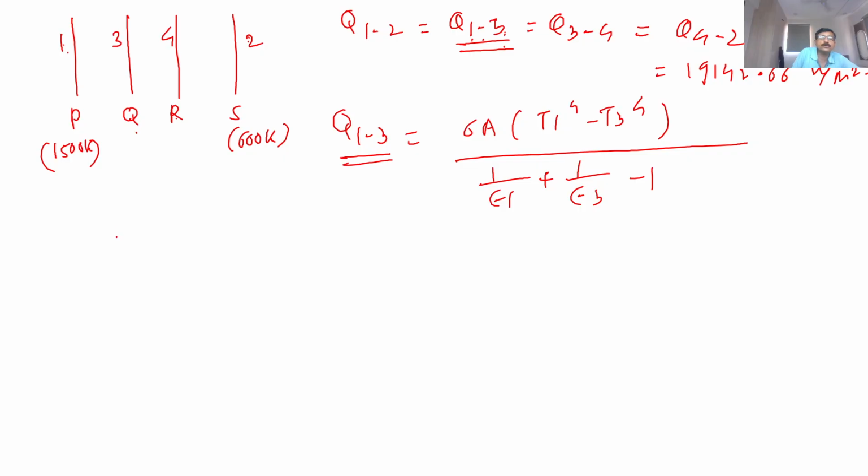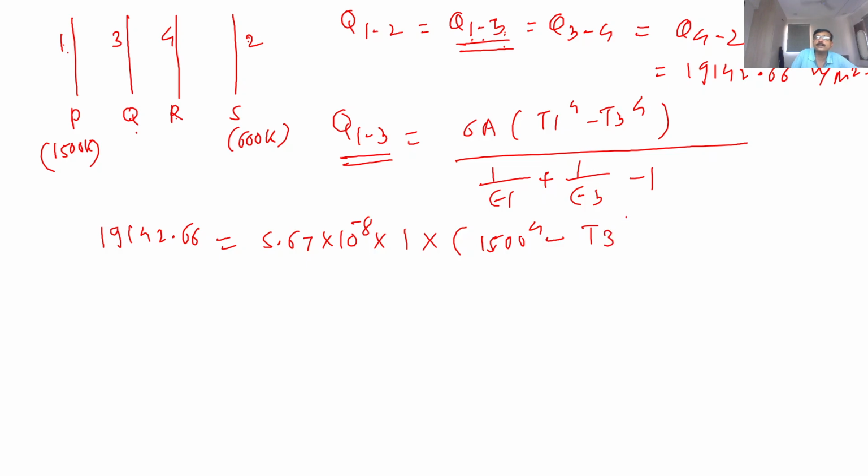Q1 to 3 is already known. Under steady state it is the same. So 19142.66, that I know. Sigma is 5.67 into 10 raised to minus 8. Area not given means 1. T1 raised to 4, T1 is 1500 raised to 4, minus TQ. TQ means T3. T3 is unknown. T3 raised to 4 divided by 1 by epsilon 1.